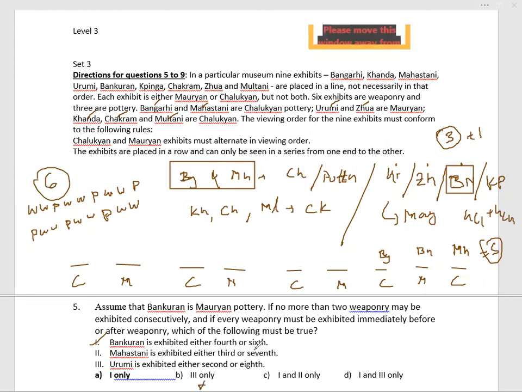Mahasthani is exhibited either third or seventh. Mahasthani is Chalukyan pottery. Chalukyan pottery will come in the odd places. Odd place pottery is this one, or odd place pottery is this one.